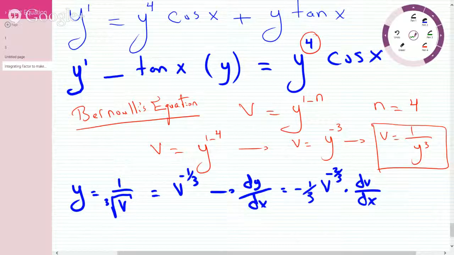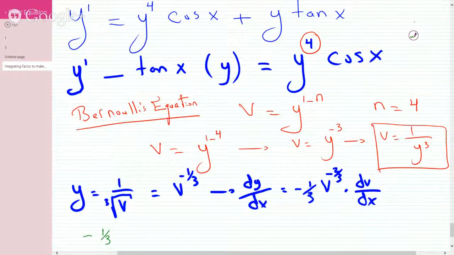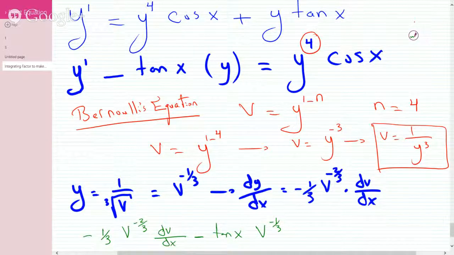So now y prime is just minus 1/3 v to the minus 2/3 dv over dx minus 10x times y, and y is just v to the minus 1/3 equals y to the 4. We just raise v to the minus 1/3 to the 4, so it becomes v to the minus 4/3.